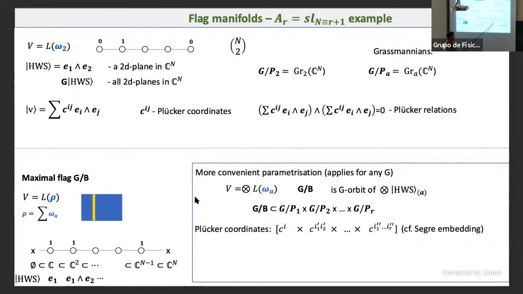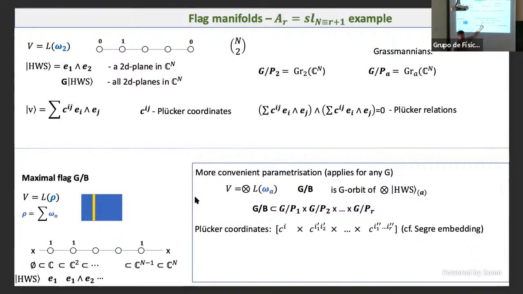Within the product of Grassmannians, I consider a big projective space by the degree embedding. I can find the product of highest weights for each Grassmannian, and the orbit of this product of highest weights will be the maximal flag. So I take a highest weight here, here, and here, and the common orbit of everything will be this space.